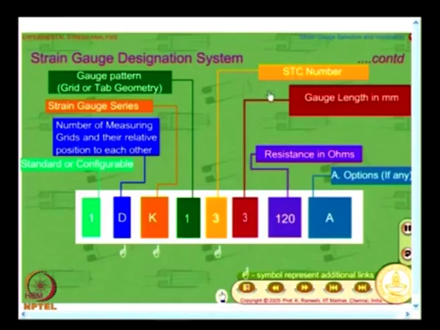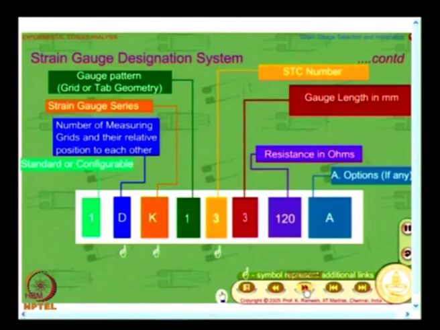Then by looking at the designation, you can also look at the gauge length, and he gives you in SI units. This gauge length is given in millimeters, and in both the designation systems you have a resistance in ohms. So, by looking at the designation, you will know what is the gauge length, what is the resistance, what is the specimen material it is meant for directly. The other ones are manufacturer dependent very closely, because you need to select the grid pattern, and then you will have to look at what kind of backing and alloys. These are different.